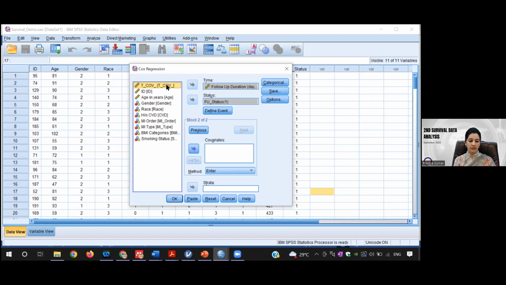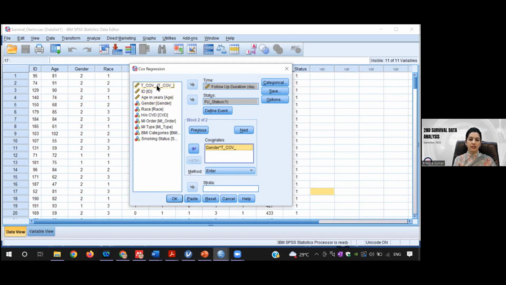Click that, press shift, and maybe you can click gender. You have to select both together by pressing control, and then click that after selecting this. Click that, and this will go here.